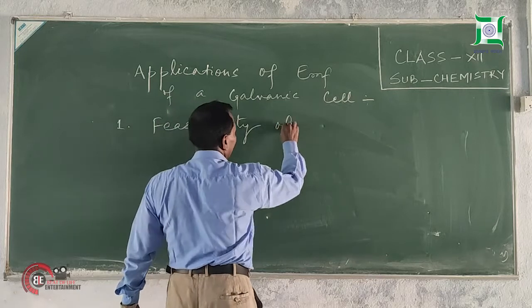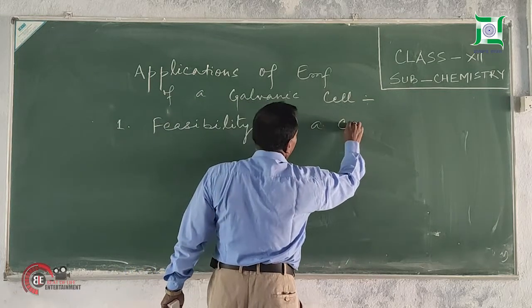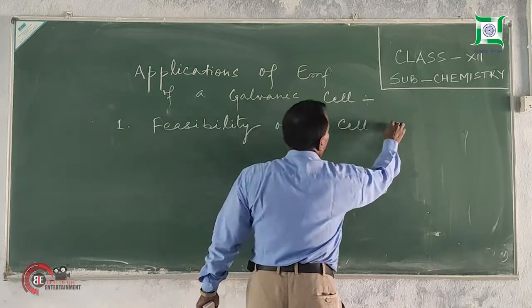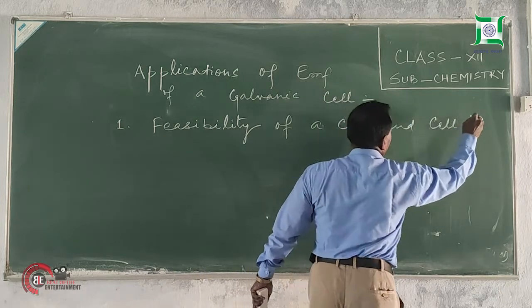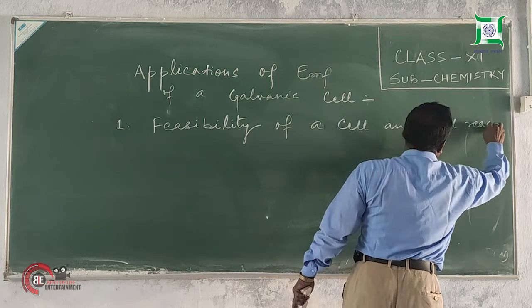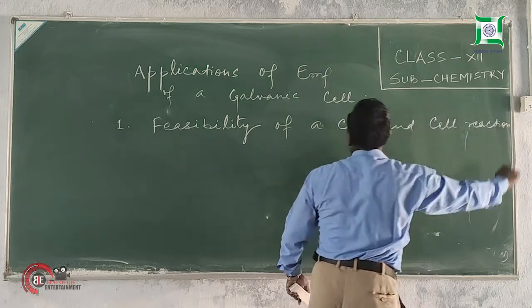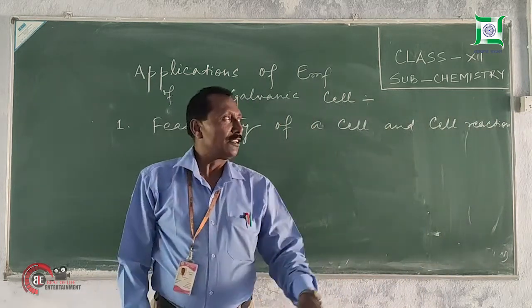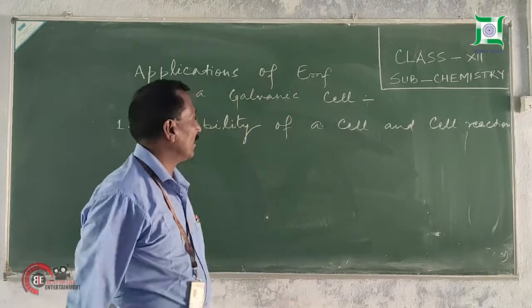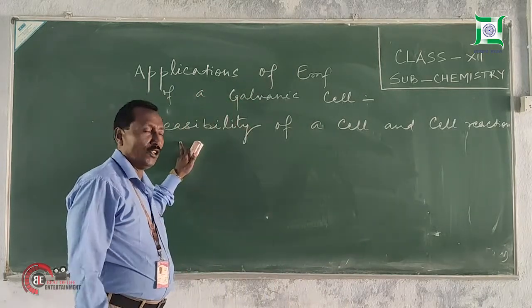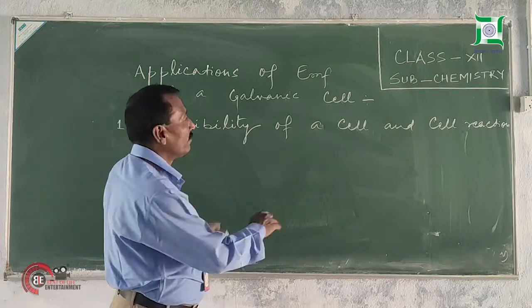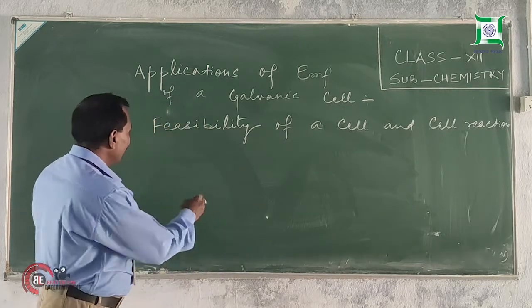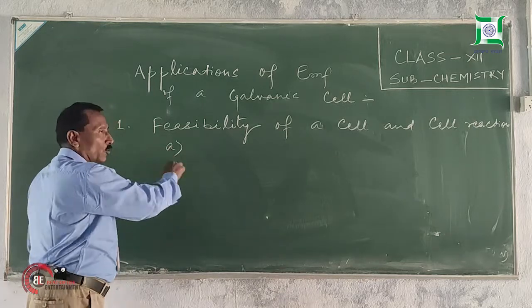Feasibility of a cell and cell reaction. Now, with the calculation of EMF value of a cell, we can predict whether the given cell is feasible or not feasible. For that, we write 2 points.